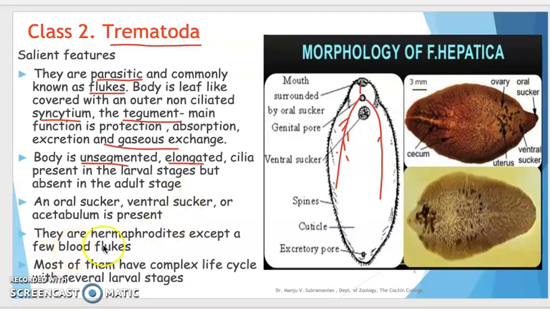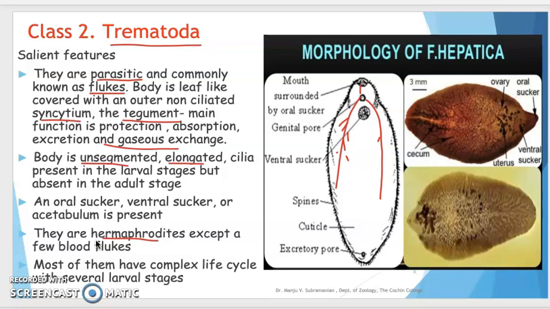Then they are hermaphrodites except a few blood flukes. The term hermaphrodite might be familiar to you. That is, male and female genital organs are present in the same organism, so those organisms are called hermaphrodites.